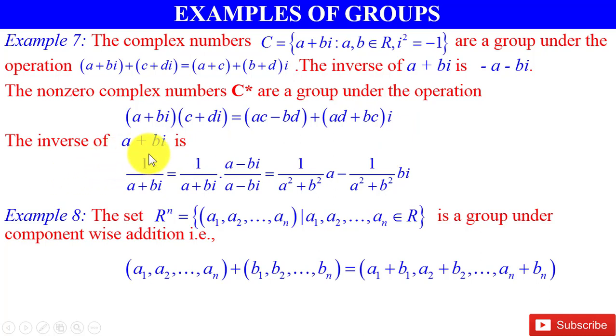The inverse of a plus bi is equal to 1 by a plus bi into a minus bi by a minus bi, which is the conjugate of a plus bi, is equal to 1 by a square plus b square into a minus 1 by a square plus b square into bi.